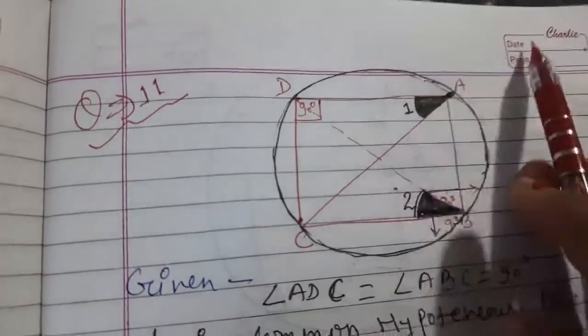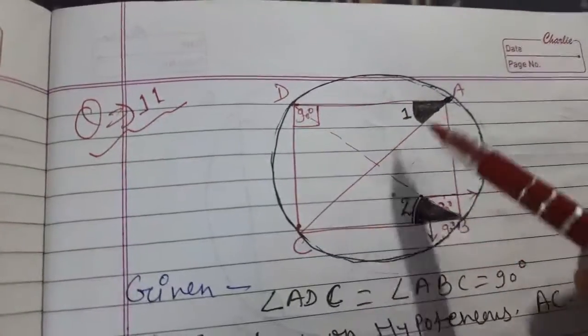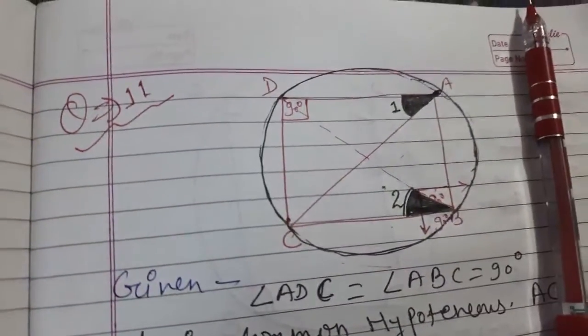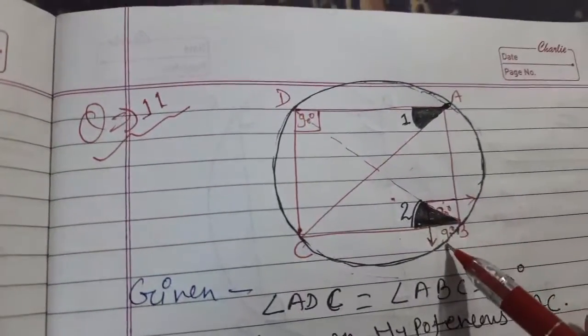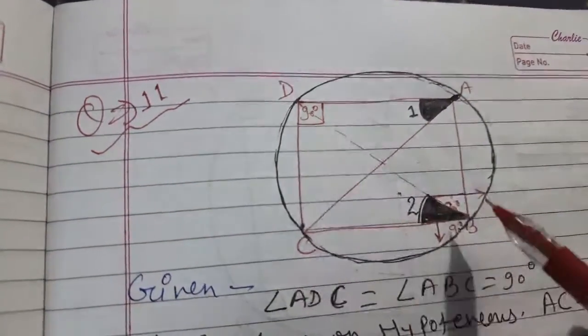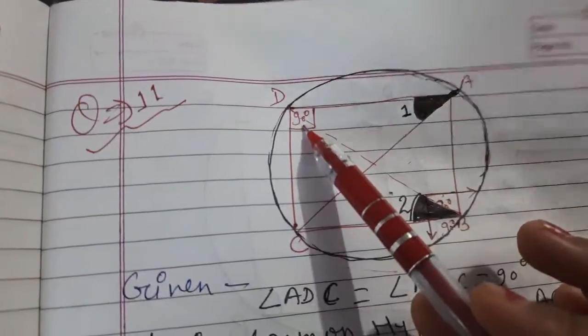First, the circle is not given to us. Only the quadrilateral ABCD which we have formed is given. Angle B and angle D are both 90 degrees, it is given. So angle B plus angle D, 90 plus 90, is 180 degrees.